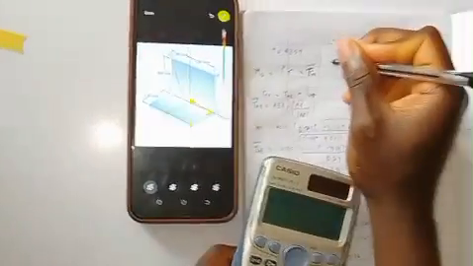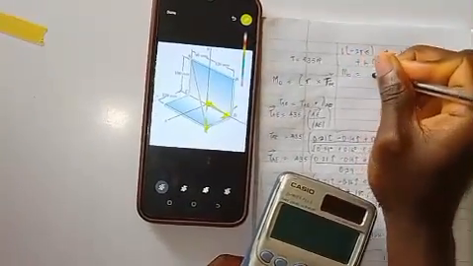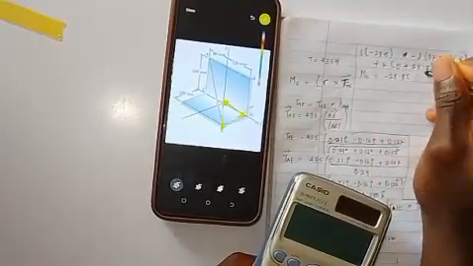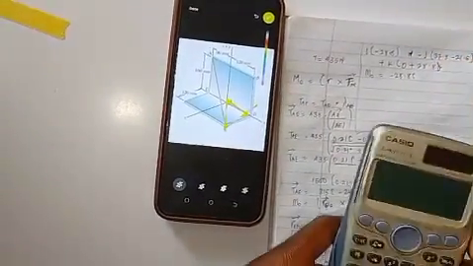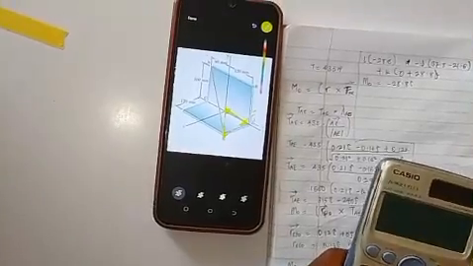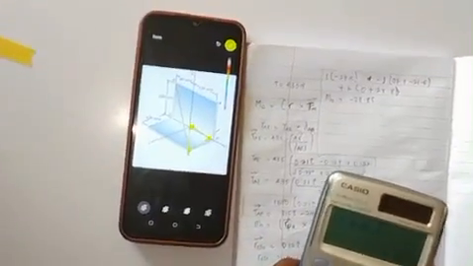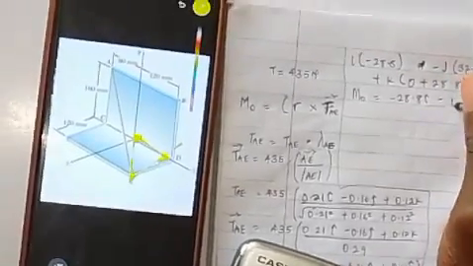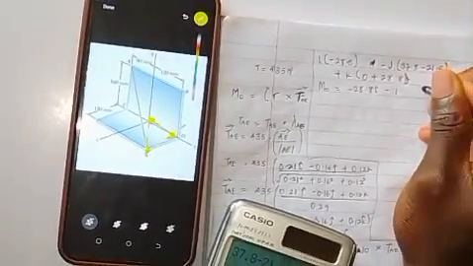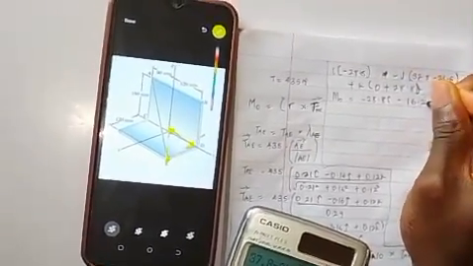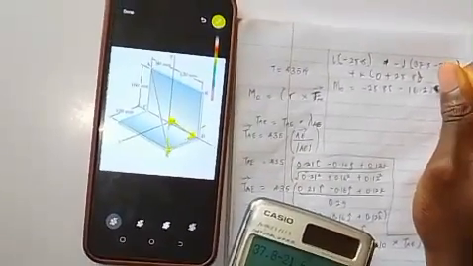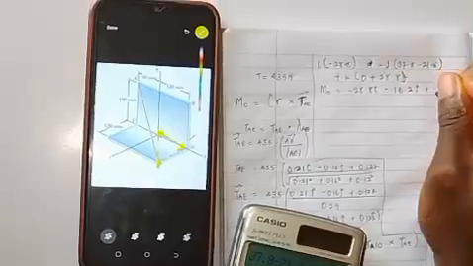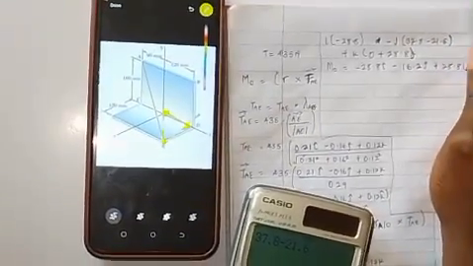So our moment about O will be equals to minus 28.8 in I direction. Then 37.8 minus 21.6, which is minus 16.2 in J direction, plus 28.8 in K direction.